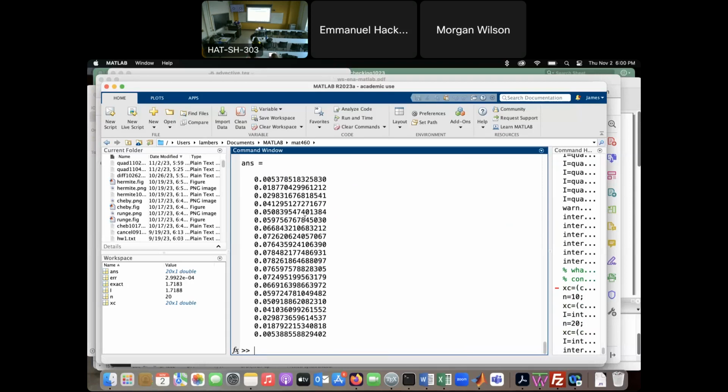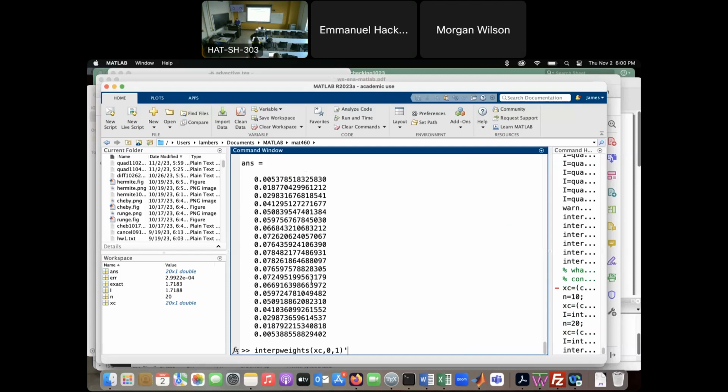It's because of how the weights are computed. This function that I just used, interpolatory weights, forms Lagrange polynomials for these points, and then computes the integrals of those Lagrange polynomials using MATLAB's functions. MATLAB has functions polyder and polyint that compute derivatives and integrals of polynomials respectively, because it computes the coefficients of a derivative and the antiderivative. So you can use that to compute what should be the exact integral of a polynomial, except for rounding error.